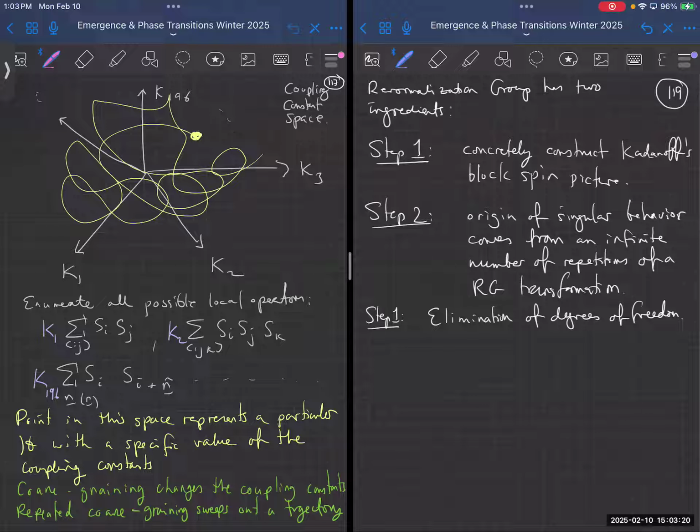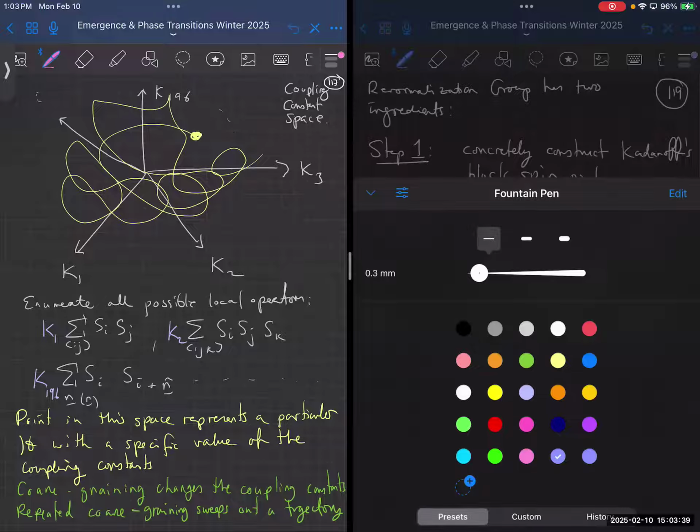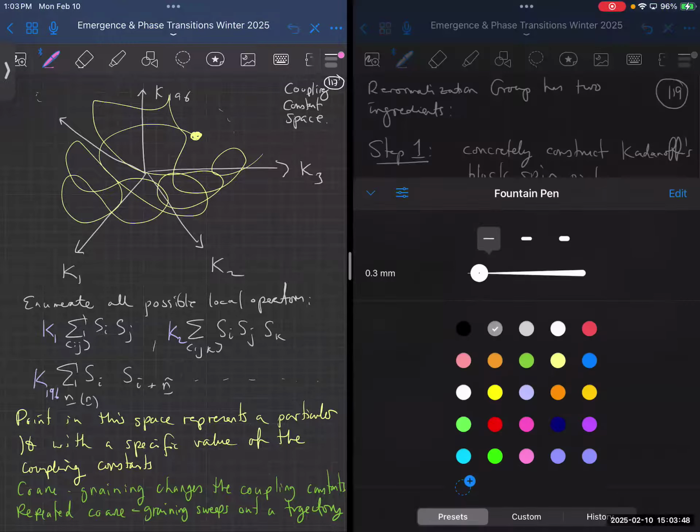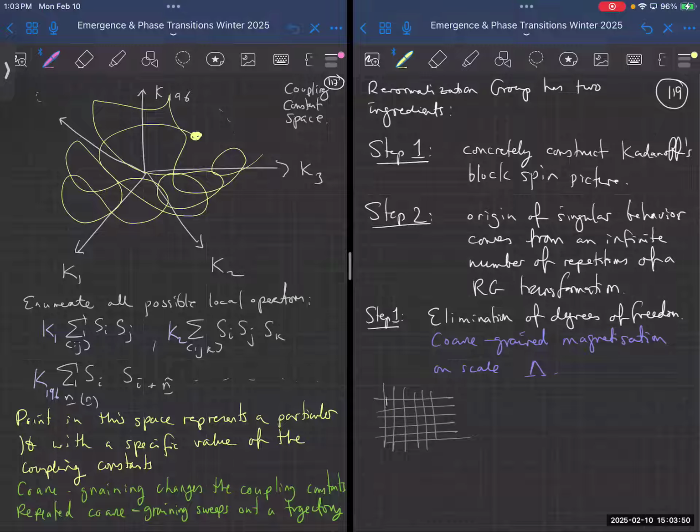If we look at the coarse-grained magnetization on scale lambda, I've taken my physical system, I have spins on my lattice like this, and then I've constructed some block spin, maybe something like this.